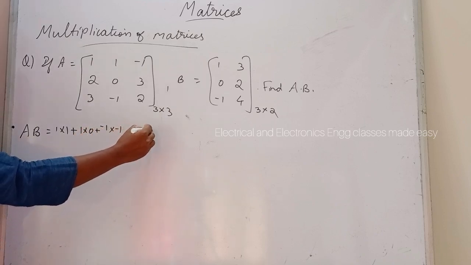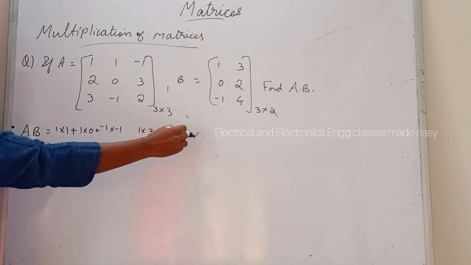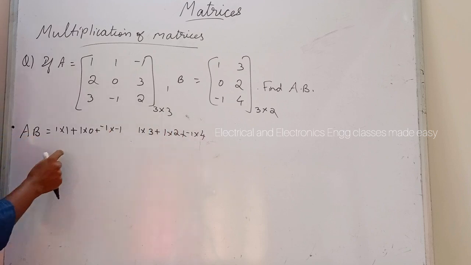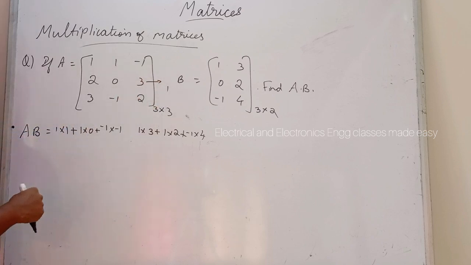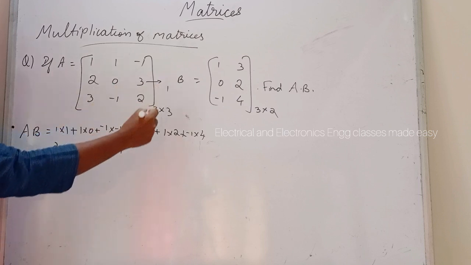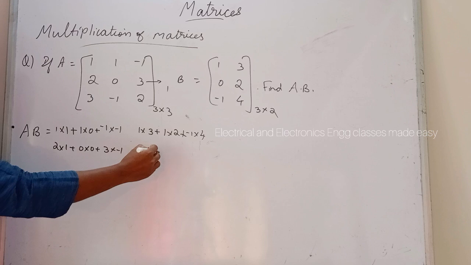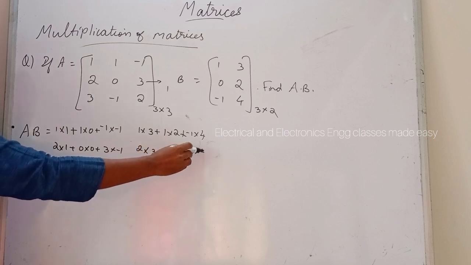So 1 into 3 plus 1 into 2 plus minus 1 into 4. Then in the second row, that is second row elements. So 2 into 1 plus 0 into 0 plus 3 into minus 1. Again 2 into 3 plus 0 into 2 plus 3 into 4.